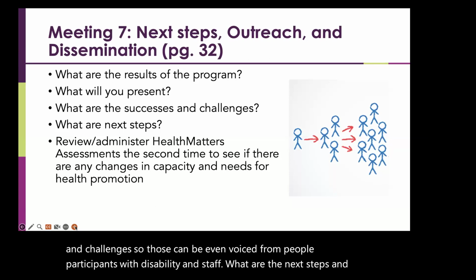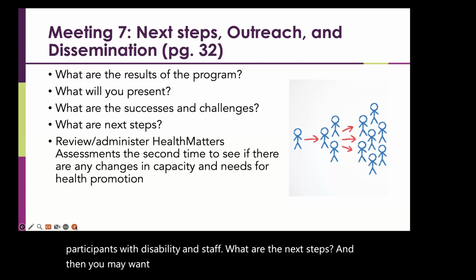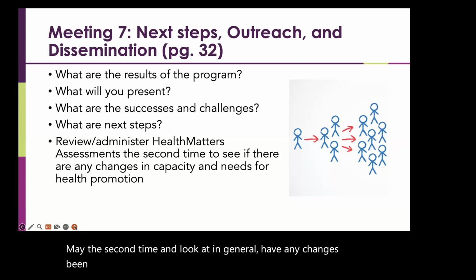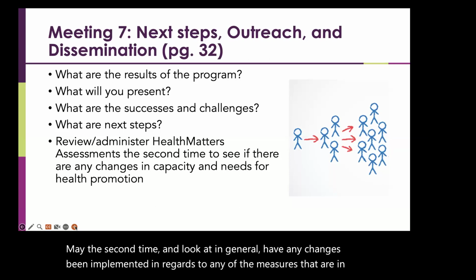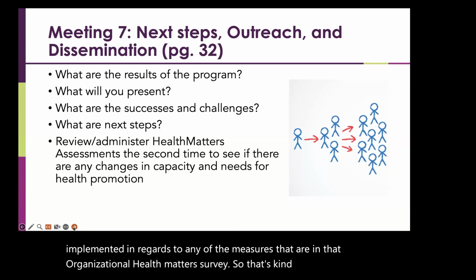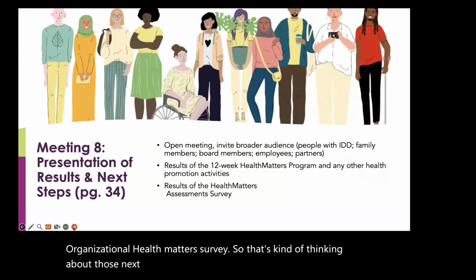And then you may want to review the Health Matters assessment survey a second time and look at, in general, whether any changes have been implemented in regard to the measures in that organizational Health Matters survey. So that's thinking about next steps and dissemination.